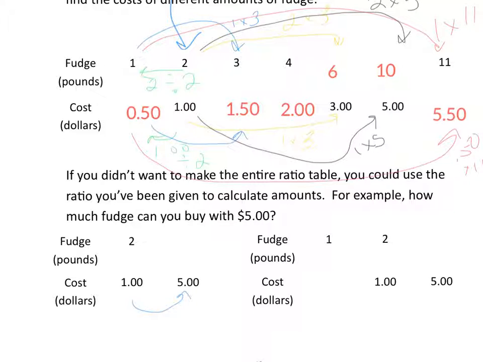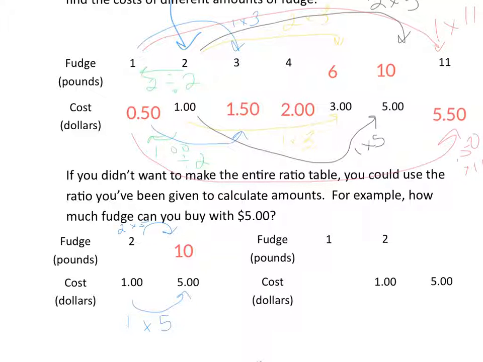Well, I know that I could say $1 times $5, and then I can just take a really shortcut and say that 2 times 5, and notice that we'll end up back with 10, which is what we got in the original chart, but we didn't have to fill in all that stuff below it. We can just jump straight to that problem.